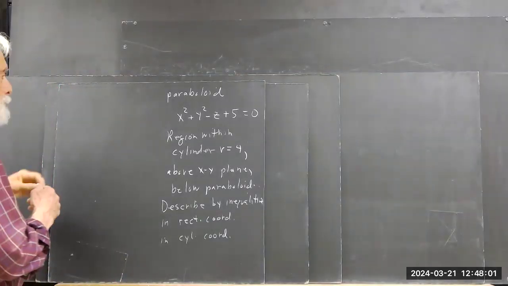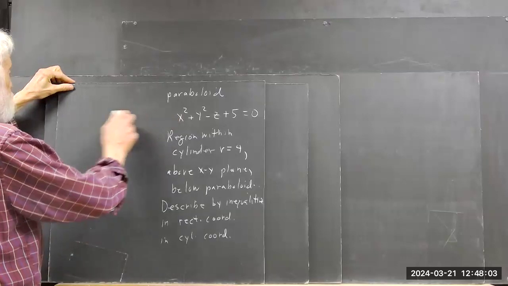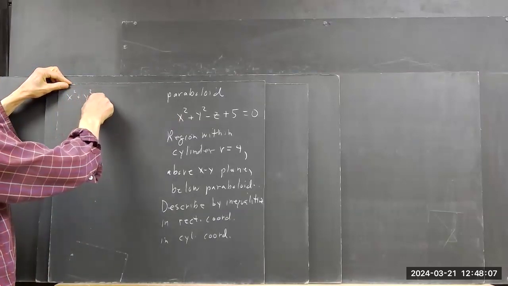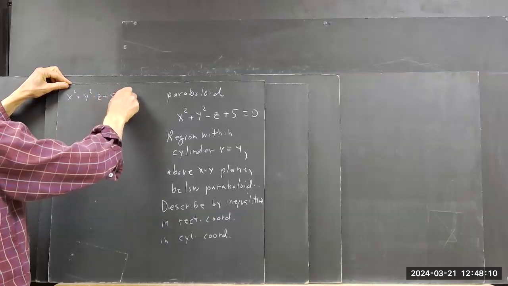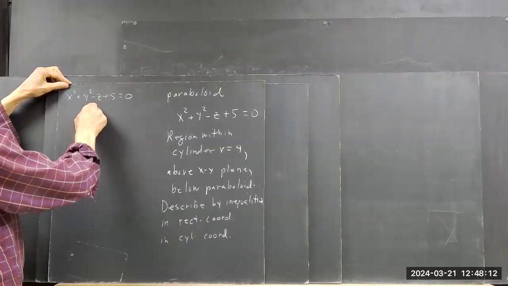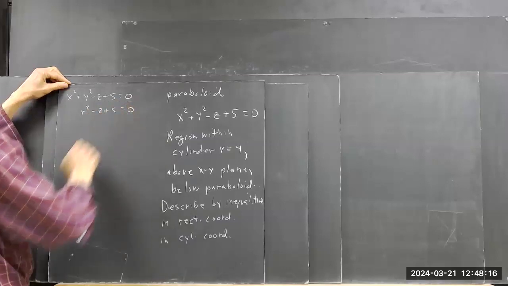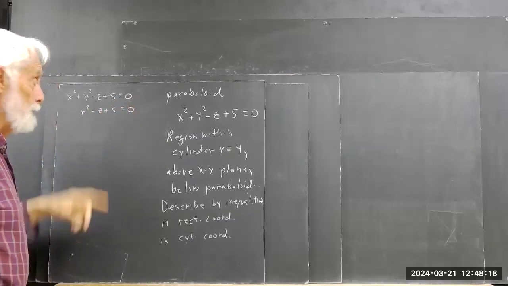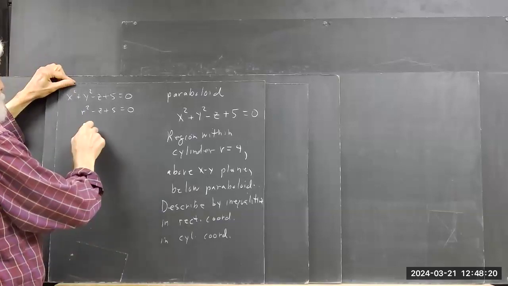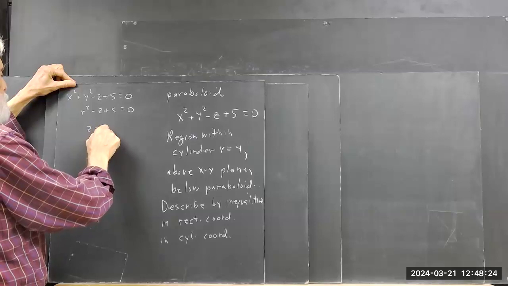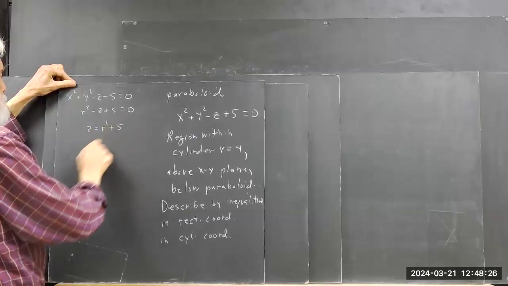And rather than doing a three-dimensional picture, I'm going to take this, x squared plus y squared minus z plus 5 equals 0, which is just r squared minus z plus 5 equals 0, right? If we go to cylindrical coordinates, we can solve for z, and we get z equals r squared plus 5.